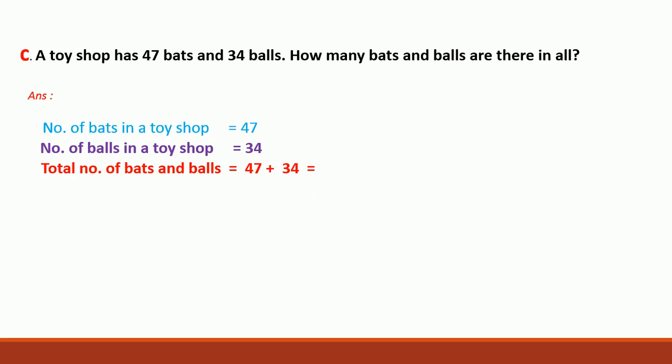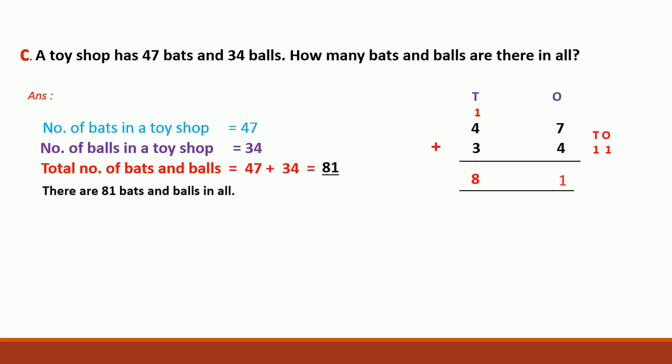Add these 2 numbers and find the answer. You can check your answer now. So there are 81 bats and balls in all. So the statement should be written like this.